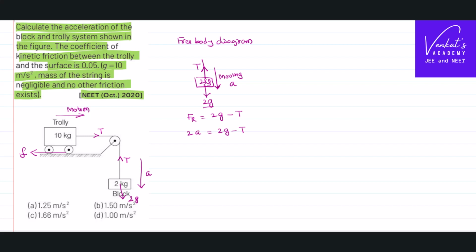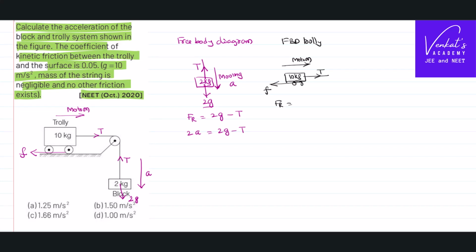Then let's write a free body diagram for the other one, the trolley. The trolley is like this, whose mass is 10 kg, attached to a string having a tension T. Between the wheels there is a frictional force acting in the backward direction, but the system is moving forward towards the right.